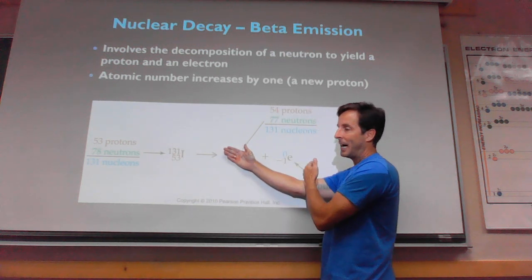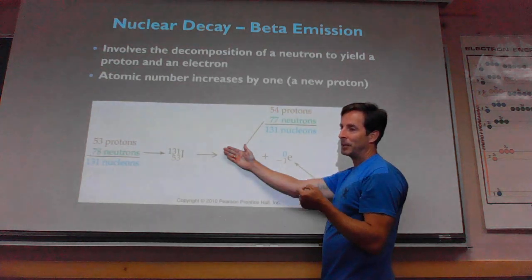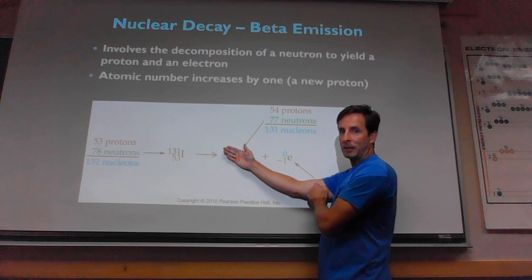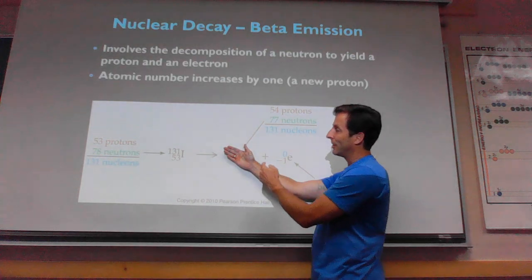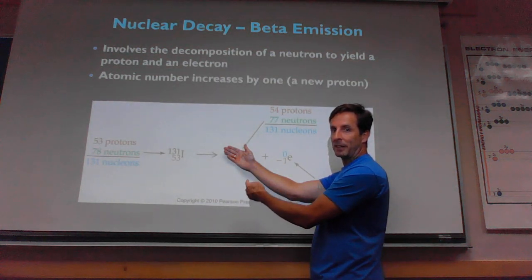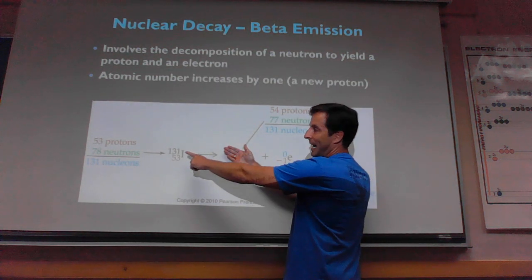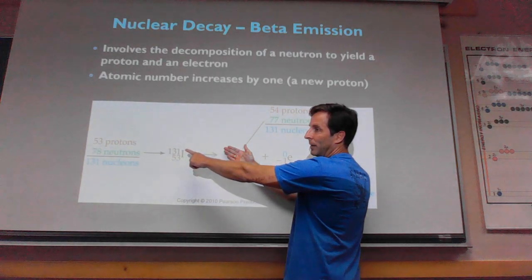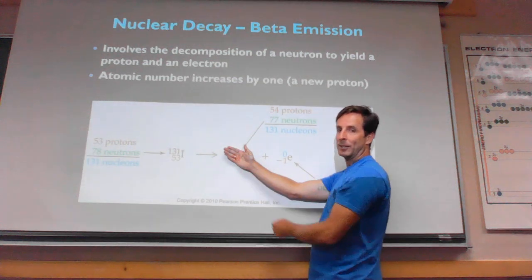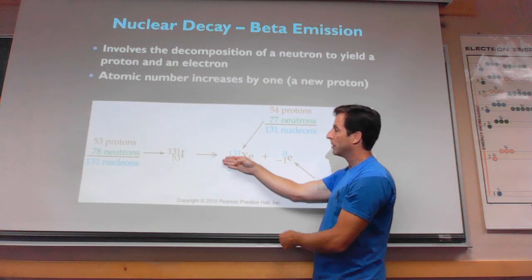On the product side, if it says it's beta emission or beta decay, you know that an electron is a product, so you can write that down. And then you just look at the missing particle and say, okay, what am I missing? My mass on that side is 131. Over here, my electron has no mass. So this particle has to weigh 131. So there's the 131.